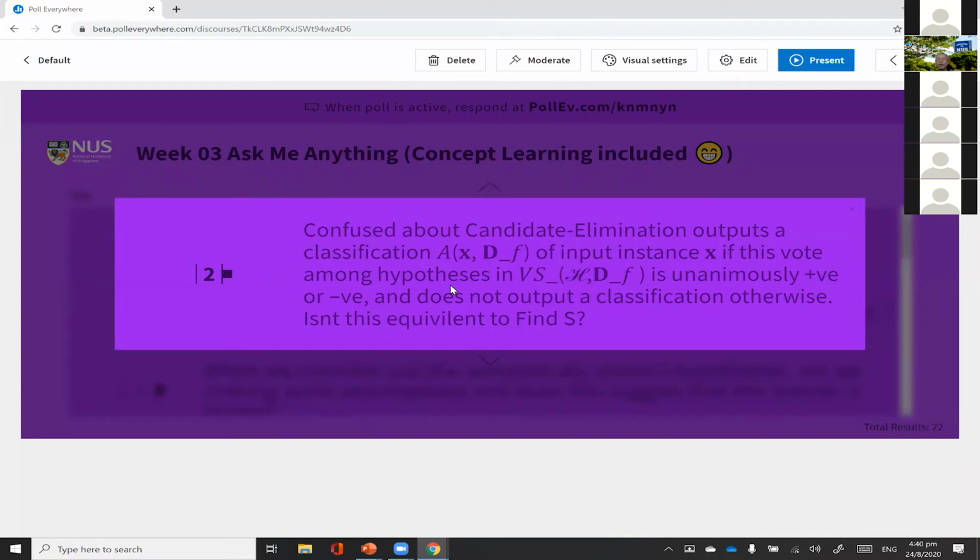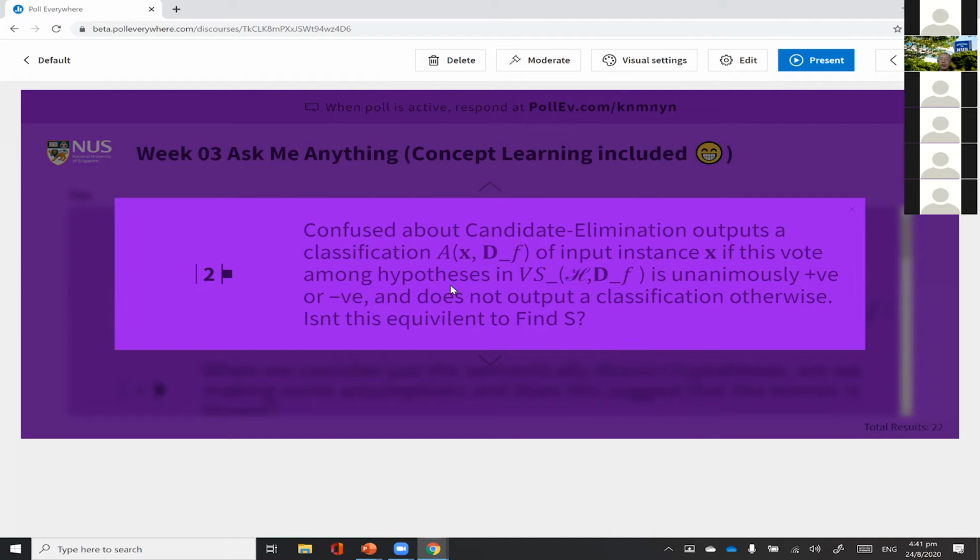If you look at this week's lecture, you saw the Enjoy Sport data set, which has two weeks of weather data. Of course, there are many more other days on which we could decide whether to play golf or not, okay? The whole point is that when we have a data set, we can look at whether the hypothesis we have is able to produce the same values as the real values coming from the target concept on those particular examples, and then we can decide whether it's consistent or satisfiable.